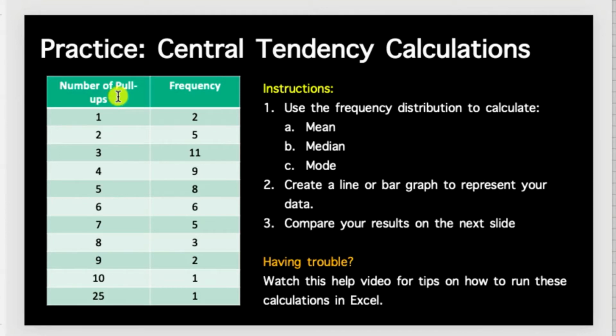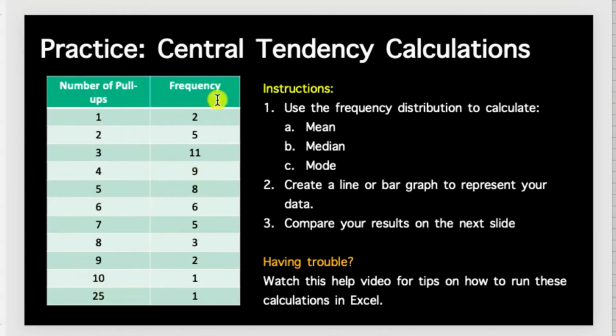Okay, so the first measure of central tendency that I think is the easiest for us to pull out from this particular organization of our data is the mode, right? Which is the most frequently occurring value in our data set. Now, in this table, we can see number of pull-ups. So this is the actual data that was collected.